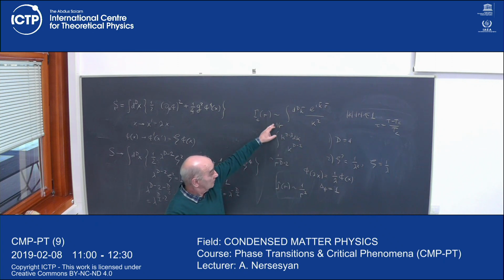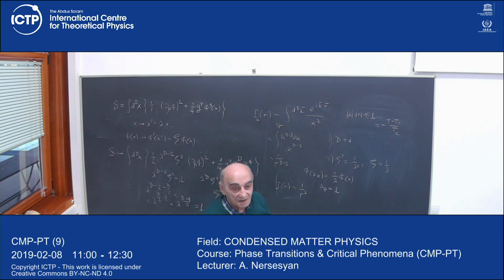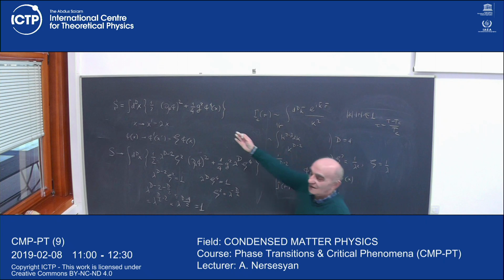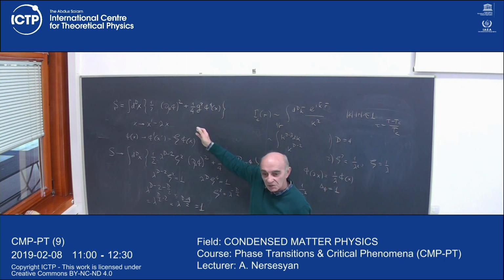So what we have obtained is the correlation function in the Landau-Ginzburg mean field theory, which in 4 dimensions is exact. It does not contain any approximations, so to speak. There will be some corrections to that, and they will come in some 20 minutes later.